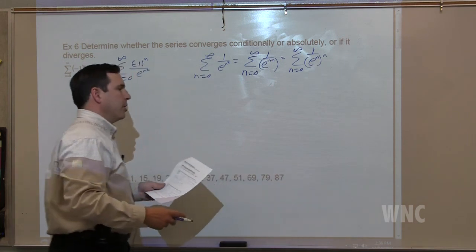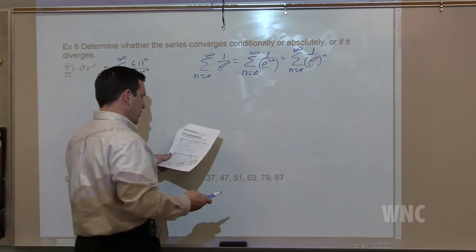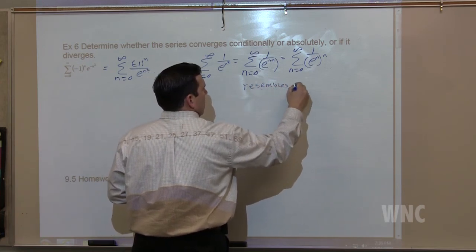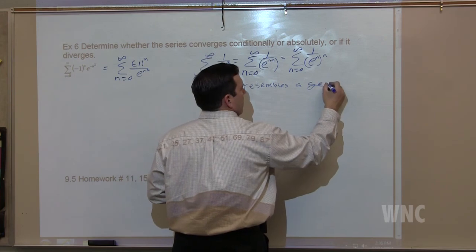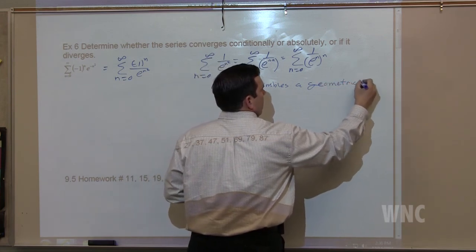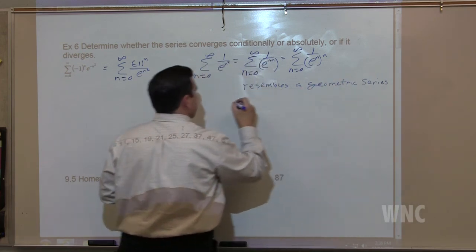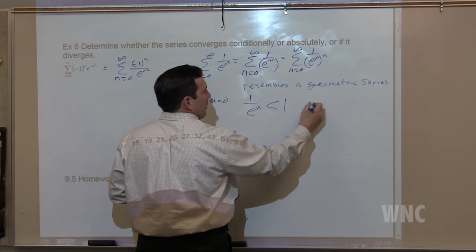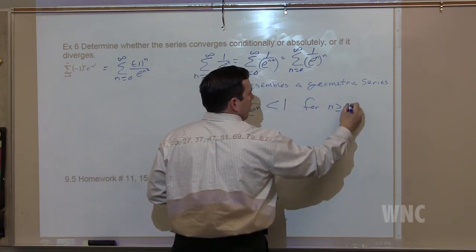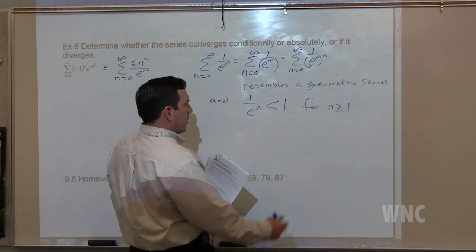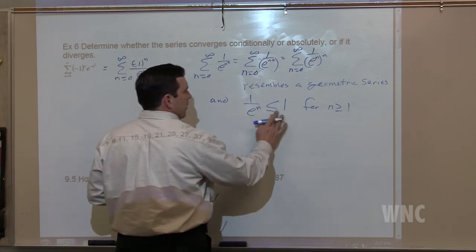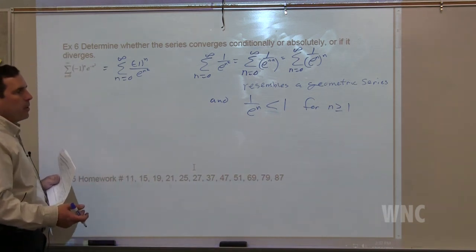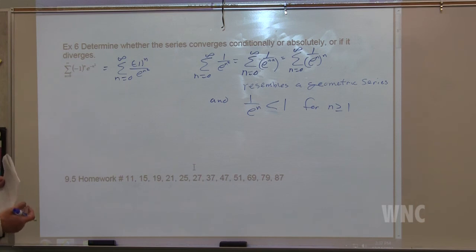Now this is similar to a geometric series. And 1 over e to the n is going to be less than 1 for n greater than or equal to 1. After the first term, they're always going to be less than 1. For that first term, it would be e to the 0, which is going to be 1.